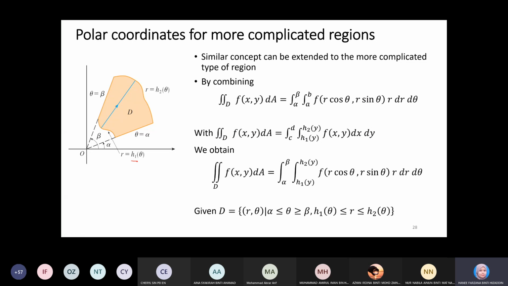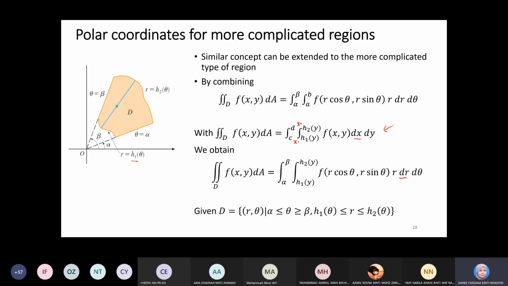But basically it's the same thing. Similarly with the region D, where you define the limits, let's say you integrate with respect to x first, and then your lower limit is x equals h1 as a function of y, and the upper limit is x equals h2 as a function of y, then we can do the same for polar coordinates as well.